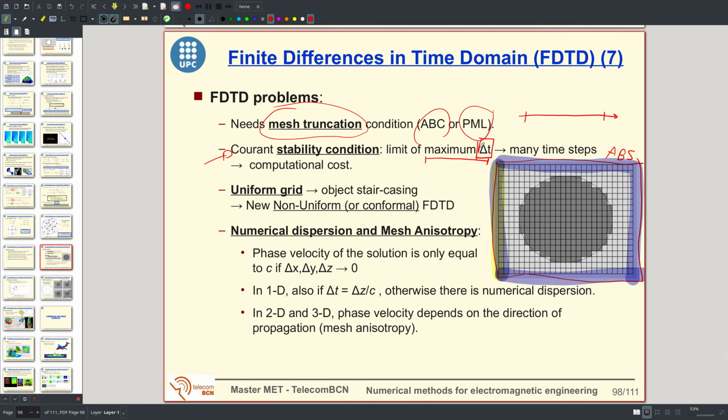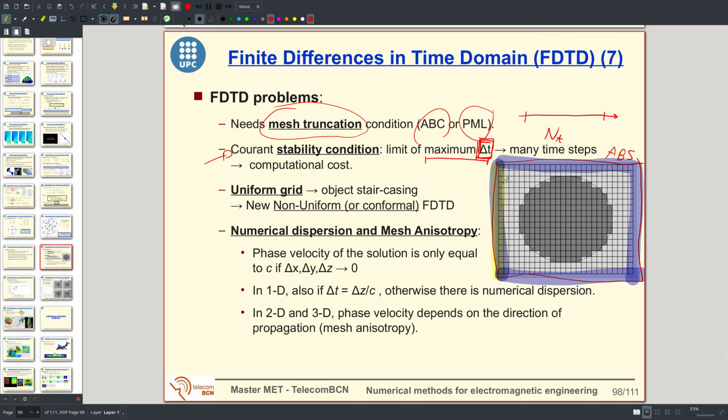If the time step is small, we need many time steps. That makes the computation longer and less stable, because instabilities may arise when we are computing the iteration at very long times.